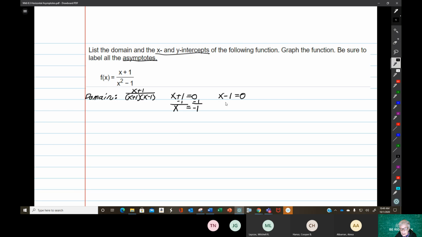And then over here, I'll add 1 to both sides. Negative 1 plus 1 is 0. So I'm left with an x on the left, and I'll have a positive 1 on the right. These are the two numbers that x is not allowed to equal.